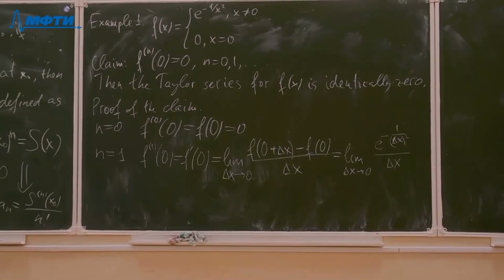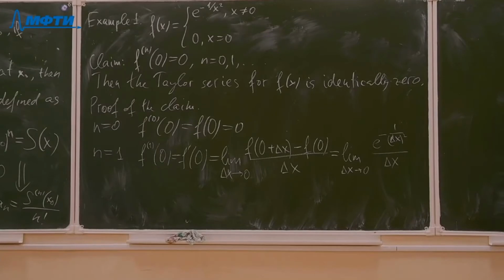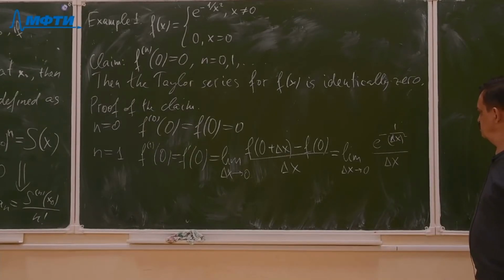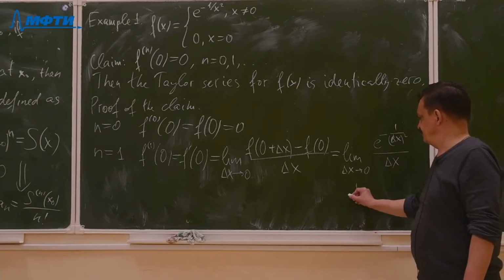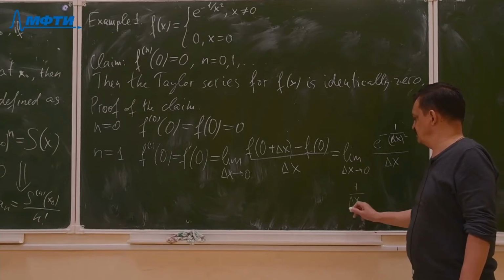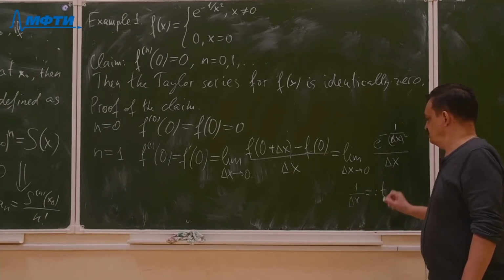And how to proceed here? I would say the best is to replace 1 over delta x by t, let's say.